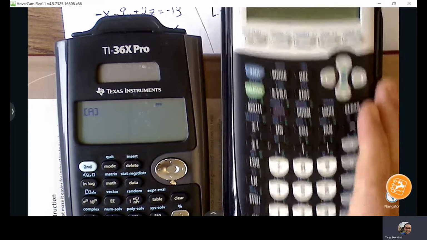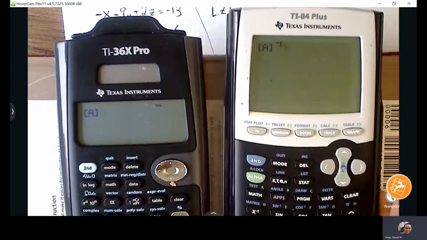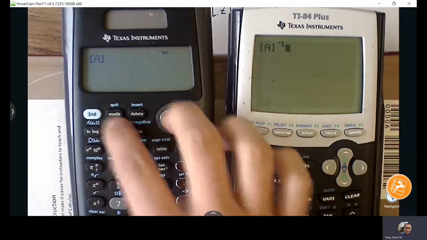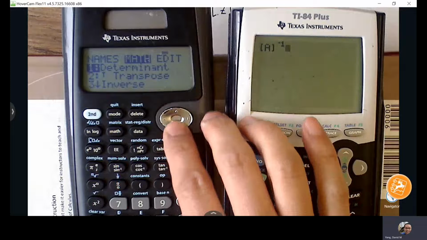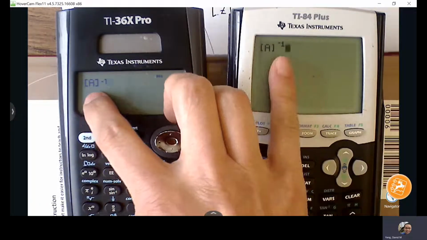Okay, on the graphing calculator, there's a direct button that you can enter there, x to -1, that will make it the inverse. But on the 36 Pro, you're going to have to go back to your matrix screen and then do math and then inverse. Do you see that?